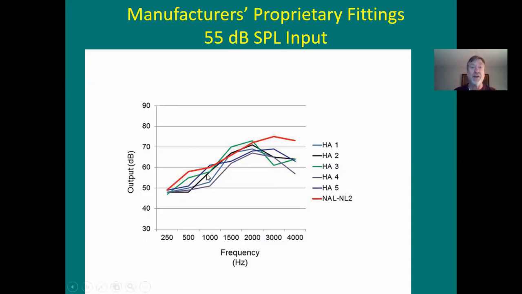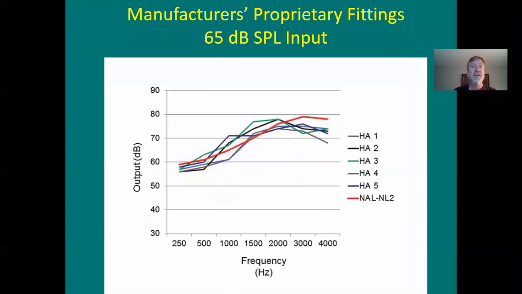Now look at how they roll off the highs. And this is especially for a 55 dB input. Soft. Think of soft as being 50, 55. Average inputs, same comparison. Here's your NAL 2 target in red. Look at the manufacturer's proprietary methods.